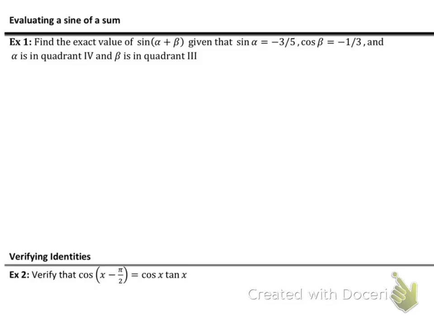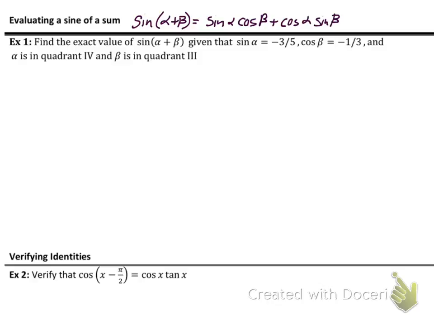Alright, so I want to find the exact value of sine alpha plus beta. Just knowing that, I need to know that sine alpha plus beta equals sine alpha cosine beta plus cosine alpha sine beta.